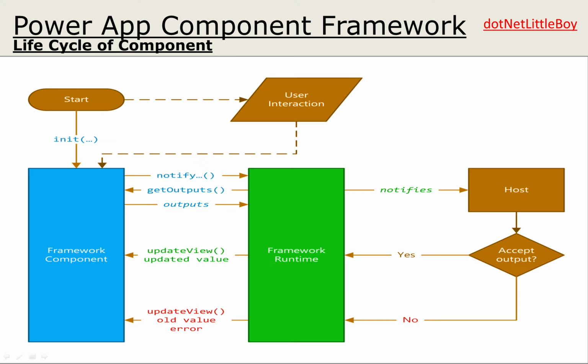If it gets some error due to invalid data entered into the field or the data set, then it will give the error to the framework that the value is not right. It will not be saved onto the server, and that error will be displayed to the user interface. So this is how the life cycle of any component works in the PCF.